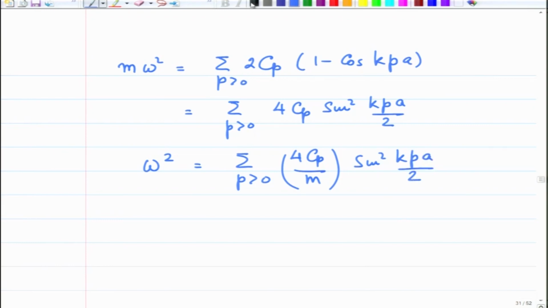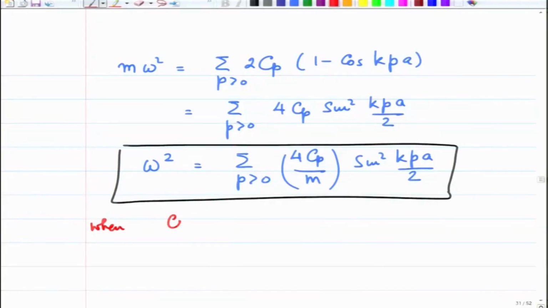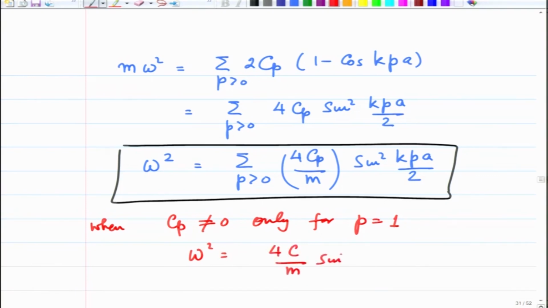This is the relationship that we get if we assume still spring-like force between different planes, but all the planes included. In a special case, when Cp is not equal to 0 only for p equals 1, you get omega square equals 4 C over m sine square k a by 2.